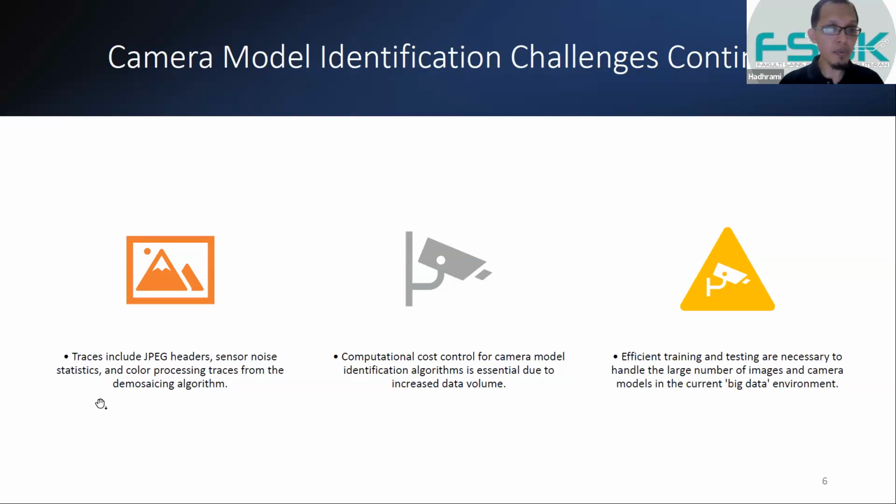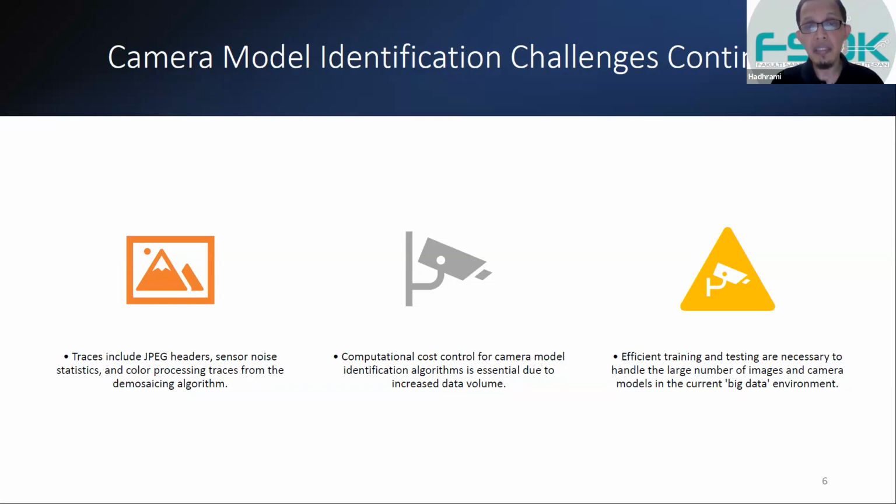The traces that we mean here include the JPEG headers, the sensor noise statistics, and the color processing traces from the demosaicing algorithms, the algorithms that we use to adjust the color of the image. This is a very typical algorithm that we use in image processing.